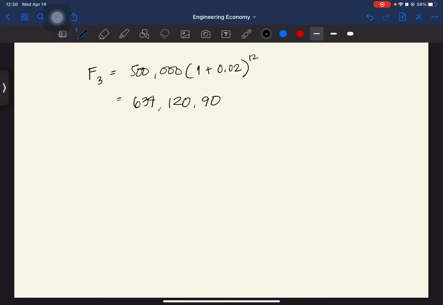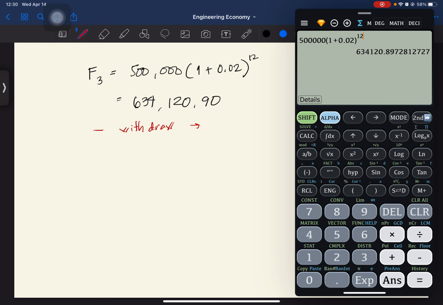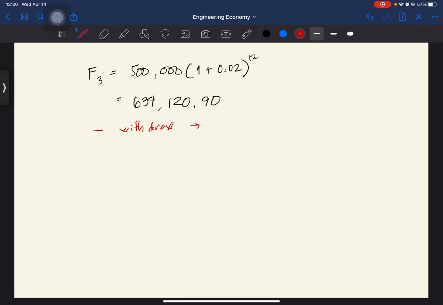Okay? This is your money after 3 years. Ngayon, babawasan mo siya. Kasi nagkaroon ka ng emergency and gusto mong kunin yung kalahati niyan. Okay? So, if we do that, ang matitira na lang sa account mo is 317,060.45.